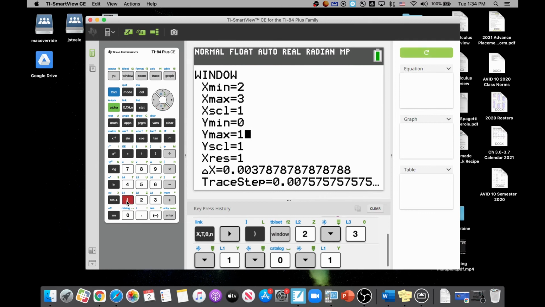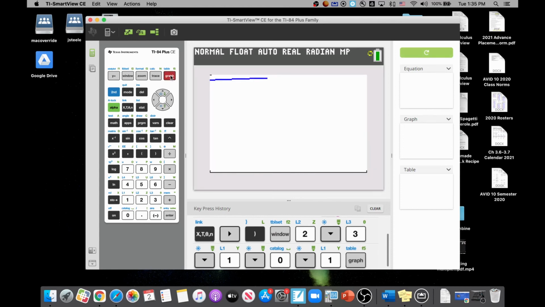That line y equals 1 is going to be the top of my rectangle here, and I'm just going to take a look at this graph. So there is the function, the sine of the cube root of x, just between x equals 2 and x equals 3. You can clearly see that it stays below y equals 1.